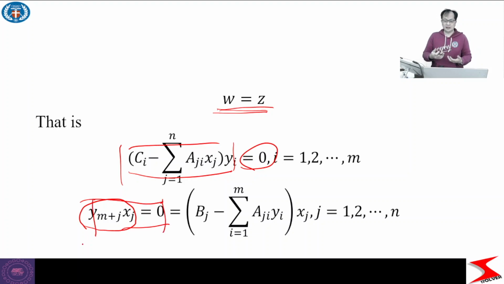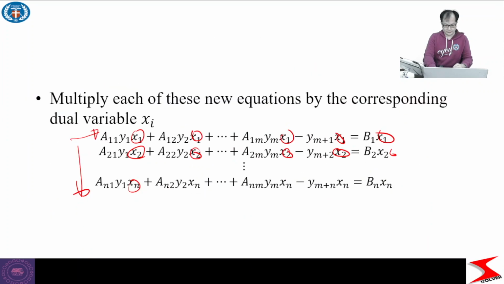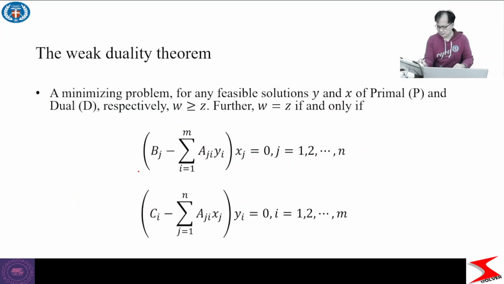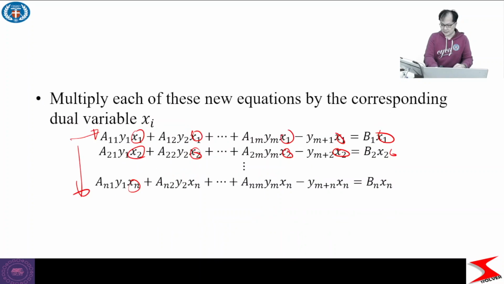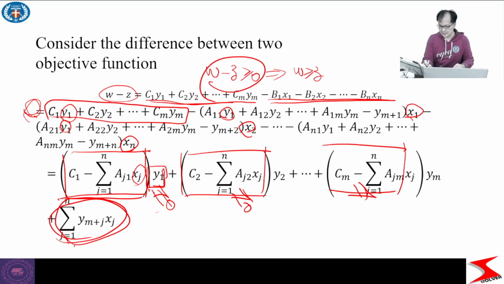But we still need to prove that this number is equal to 0. What is the value here? It is the summation of y(m+j) xj, j from 1 to m.